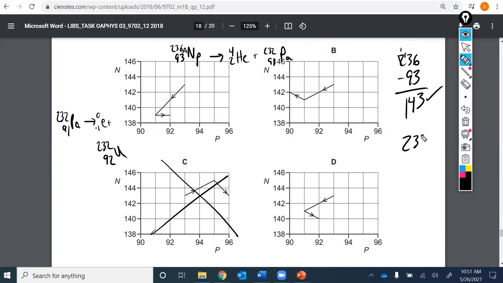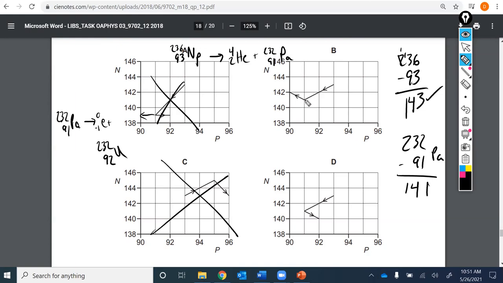Anytime you have a nuclide symbol and you're interested in the number of neutrons, you just subtract the protons from the nucleons. So what's 232 minus 91? 141. That would be the neutron number of this protactinium. So after this first transmutation, you want to be at 91, 141. So that one's good. This one we can eliminate, right? It's down here at 139. Again, just using the first decay, that doesn't get it right.